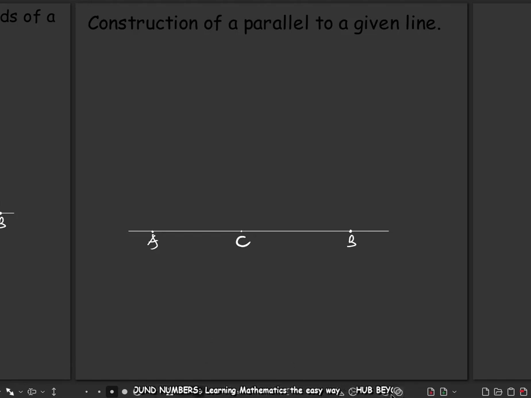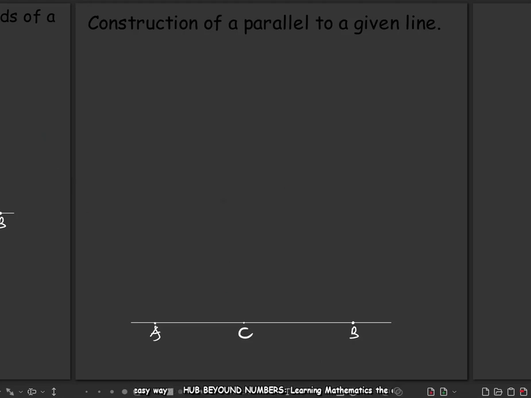And since I want my parallel line to be 5 centimeters away from this line here, you take your compass and measure a radius of 5 centimeters on your ruler. So for mine here, I can just open that up, get my 5 centimeters.